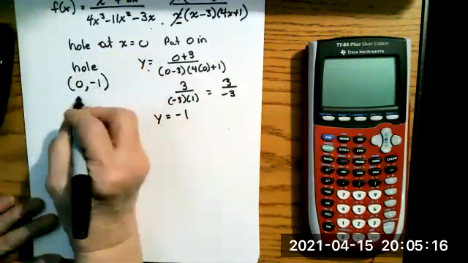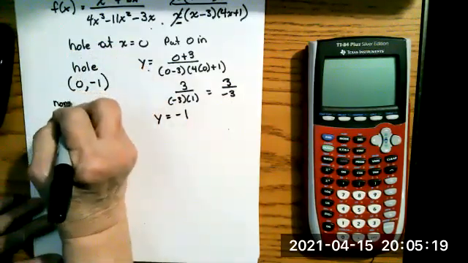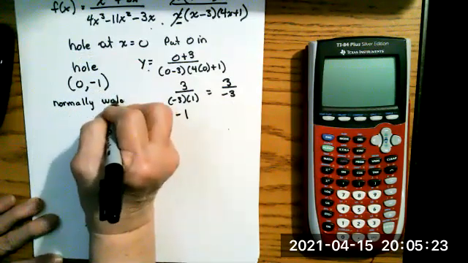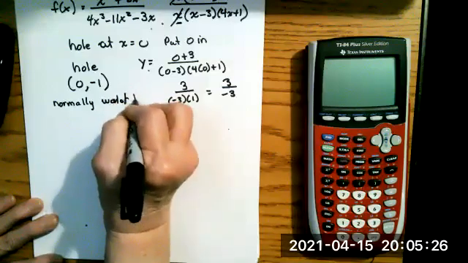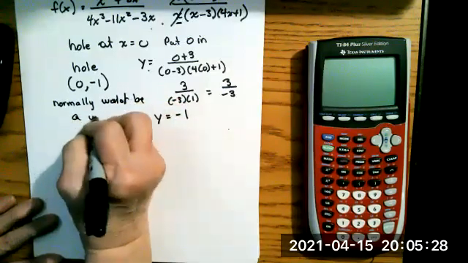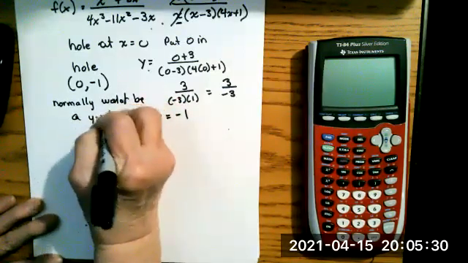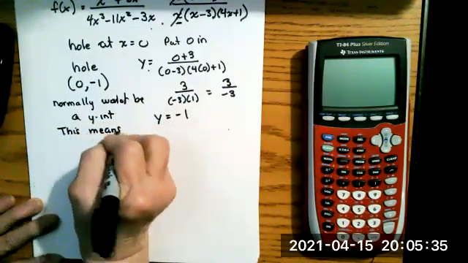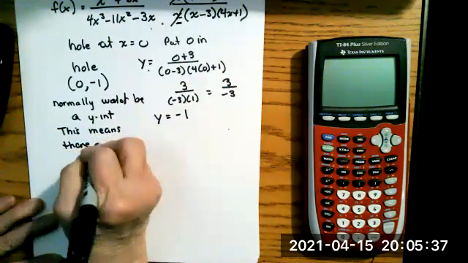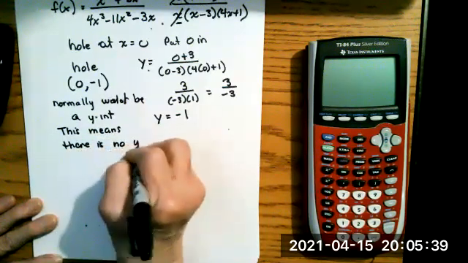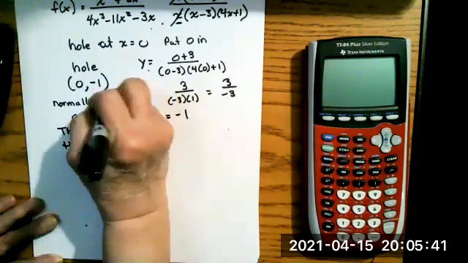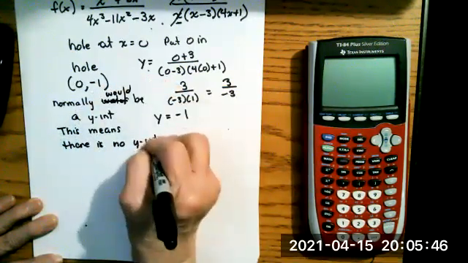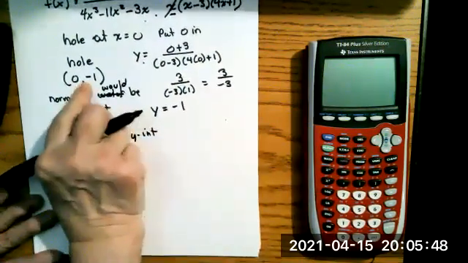Now, that normally would be a y-intercept. So this means there is no y-intercept, because you've got a hole there.